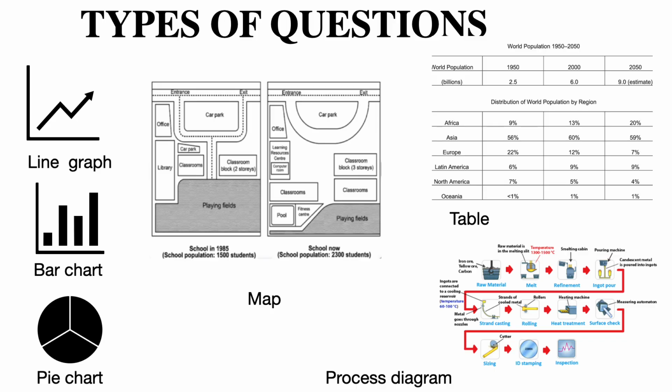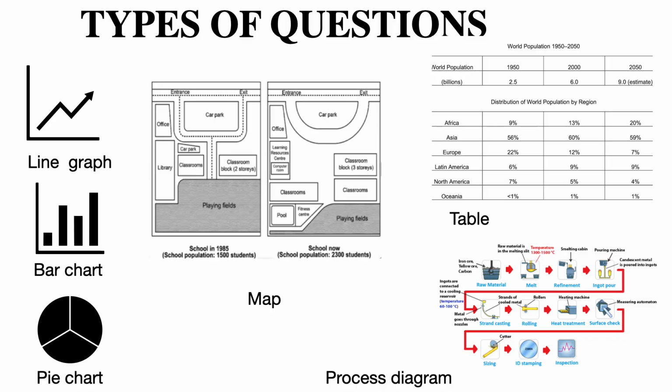The fifth type is a map. In a map question, you compare changes in a place over time. For example, how a town looked in 2000 and how it looks today. And the sixth type is process diagram. Here you explain how something works or how something is made step by step.